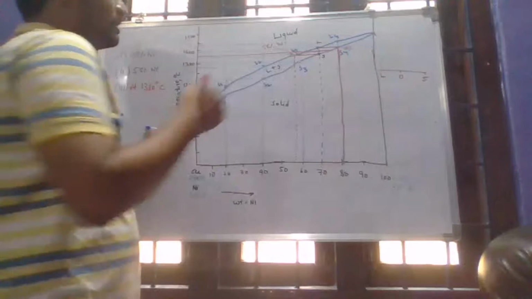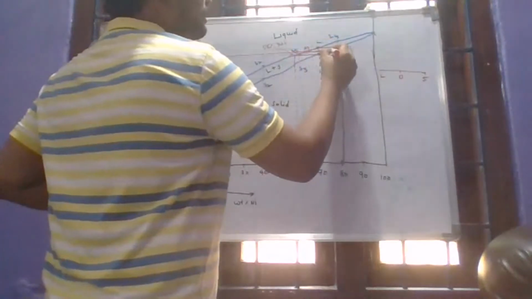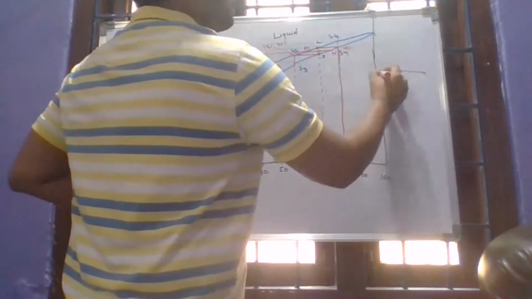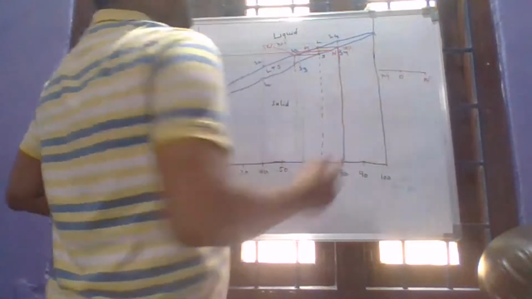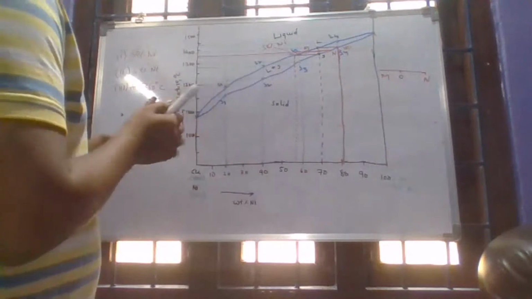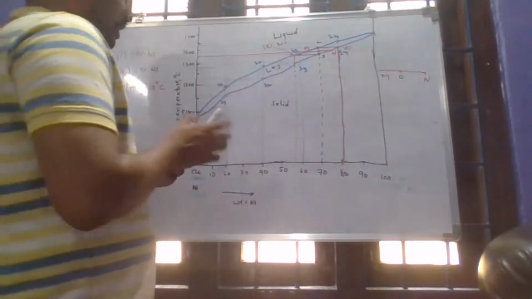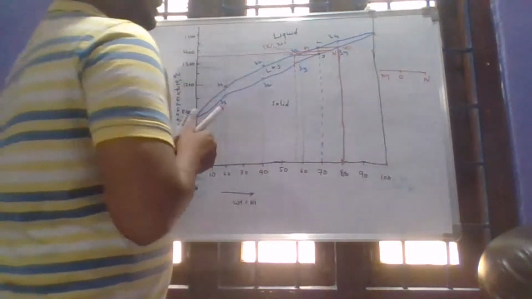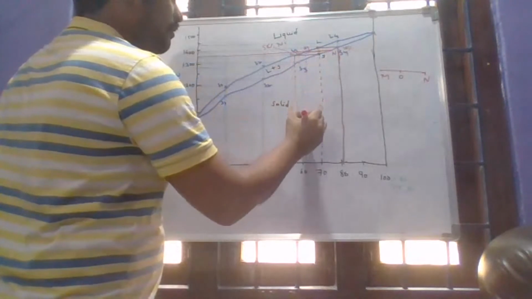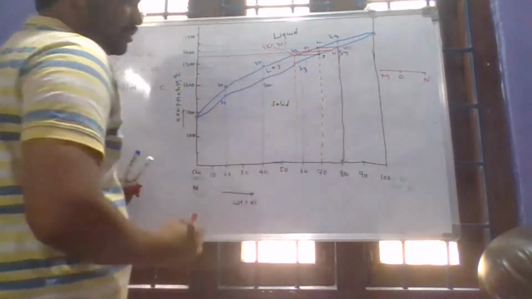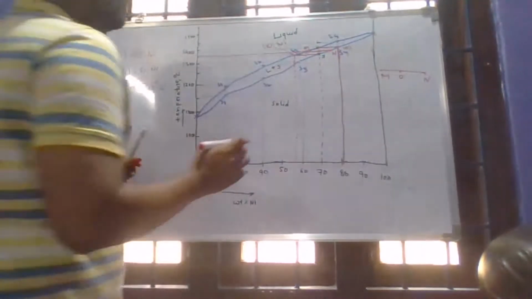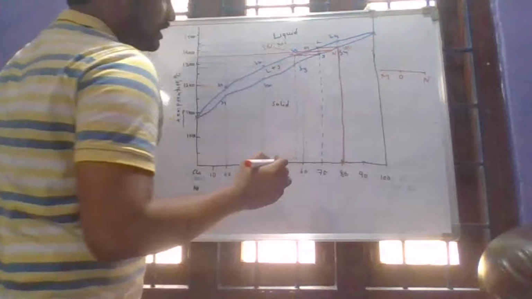Since we have already used L and S, I will represent them as M and N. If we drop the perpendicular from the point M on the liquidus line, the composition will be around 63% nickel.